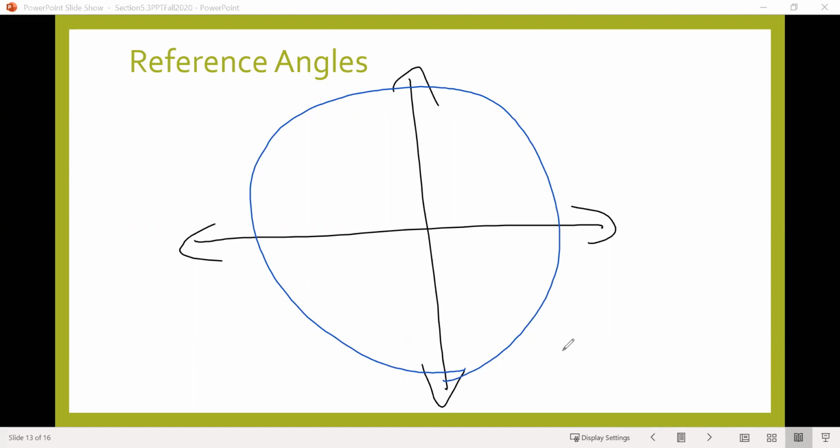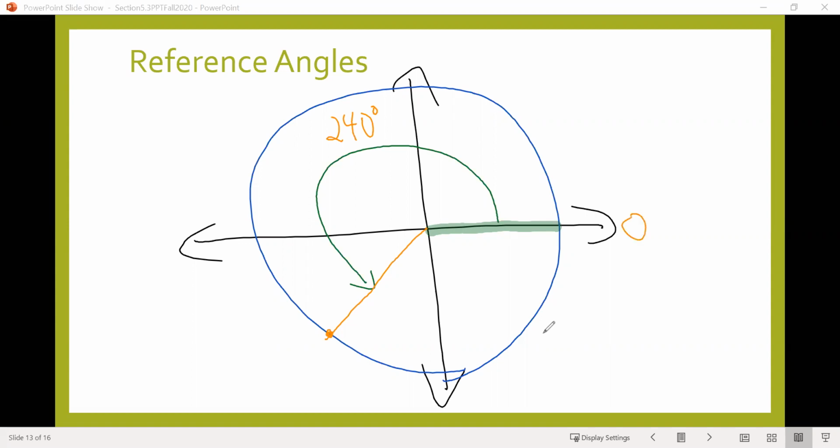And let's say that I have an angle that starts here on the positive part of the horizontal axis, rotates around counterclockwise down to here, and maybe this is our terminal side here. Okay, and let's say that that angle is 240 degrees.